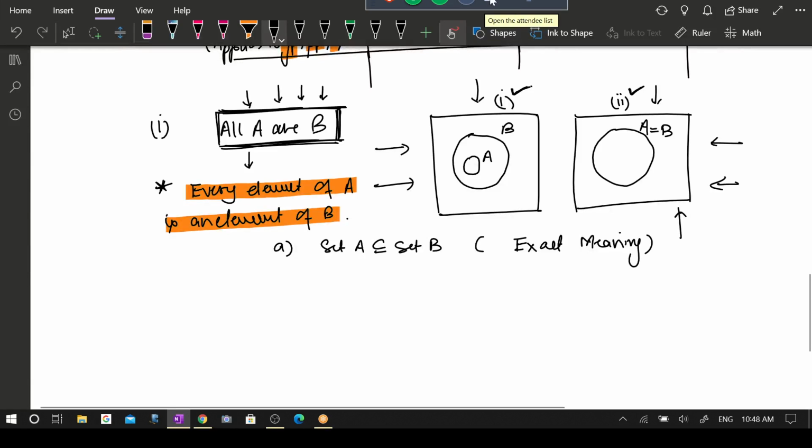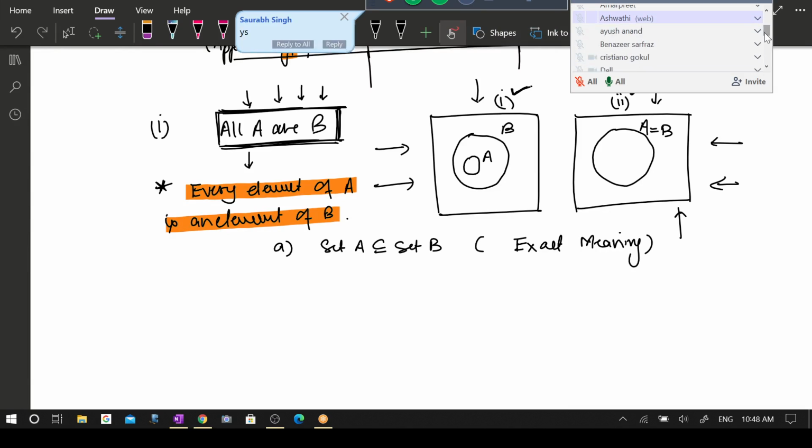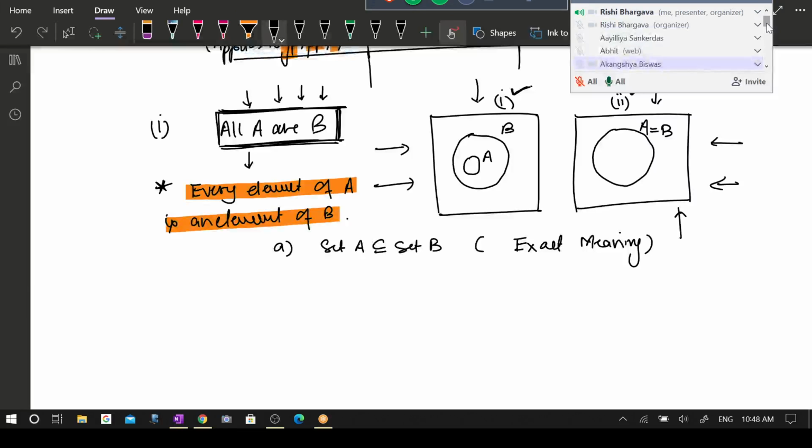Shruti, Meha, is it clear to all of you? Saurabh, wonderful. Benazir, is it clear? Great, guys. Now I am sure about this.